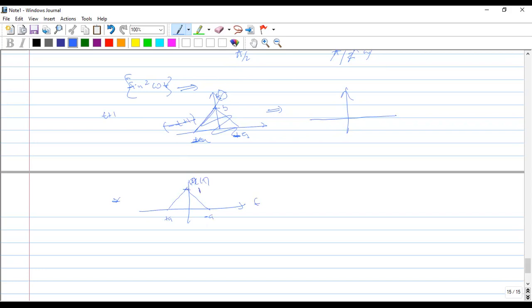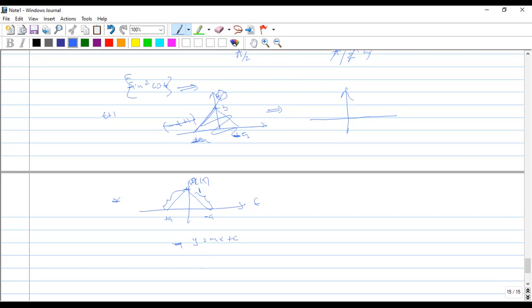First you have to get the equation for this part and this part. So how can you get it? This is the y equal to mx plus c form of equation.